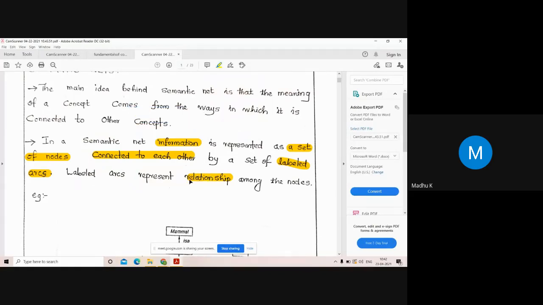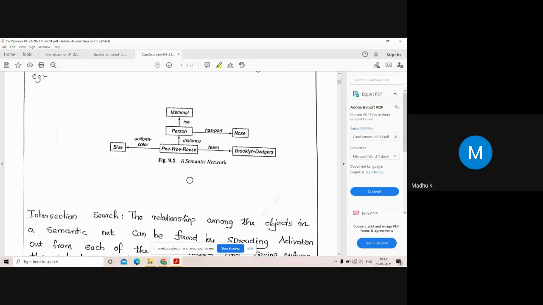Okay. So basically I take this example. This is a node and another node. A mammal is a concept in the real world. Person is another concept in the real world.